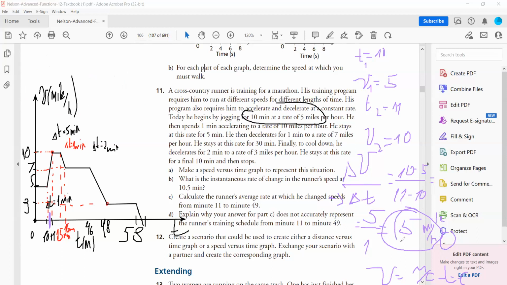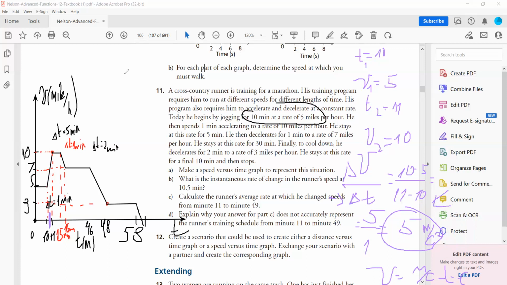So here we get a rate of change of 5 miles per hour per minute. And that's reasonable because in 1 minute, we accelerate from 5 to 10 miles per hour. So our rate of change is 5 miles per hour per minute. You can convert this answer and find the answer in miles per minute squared.